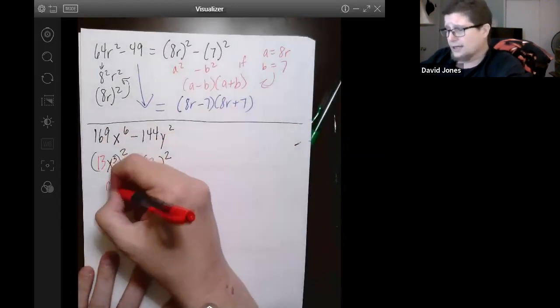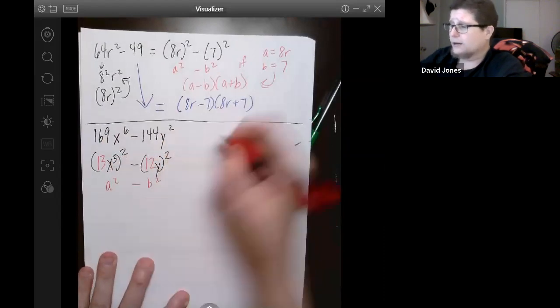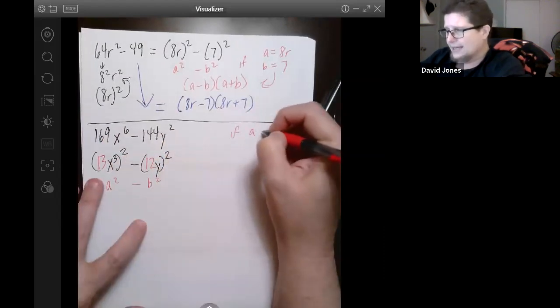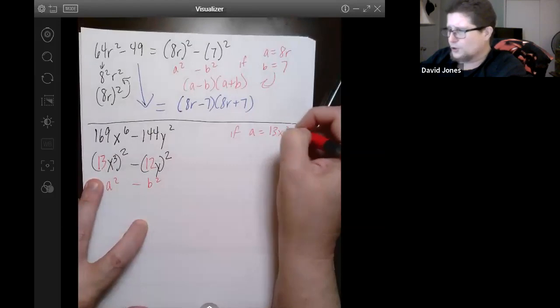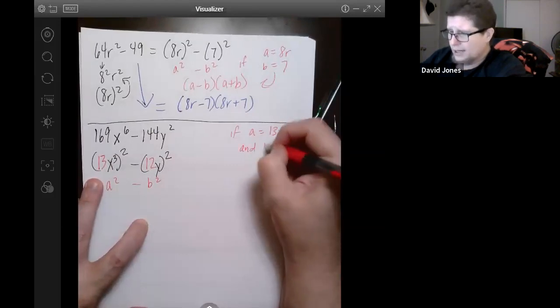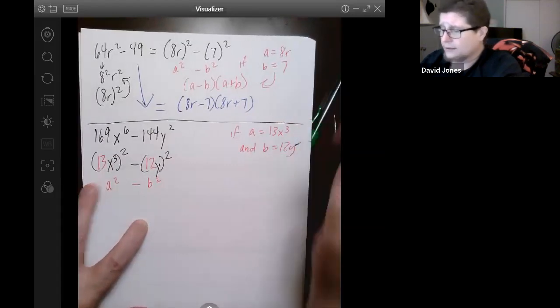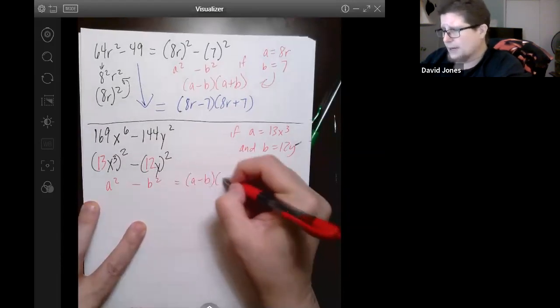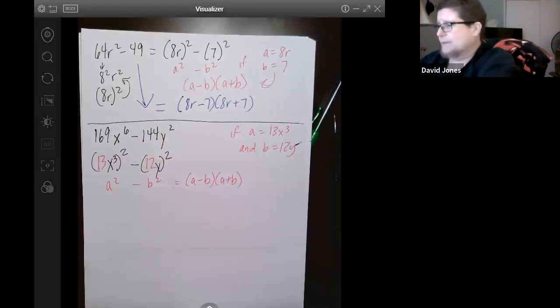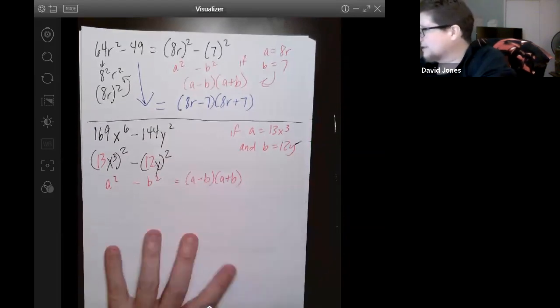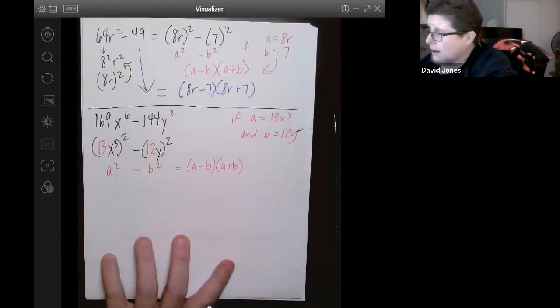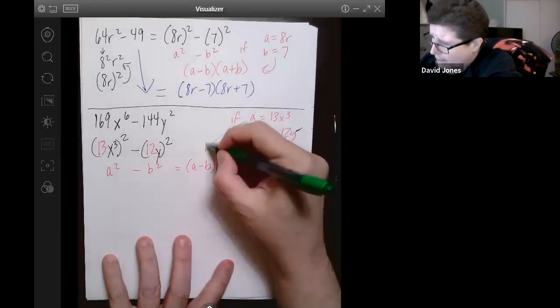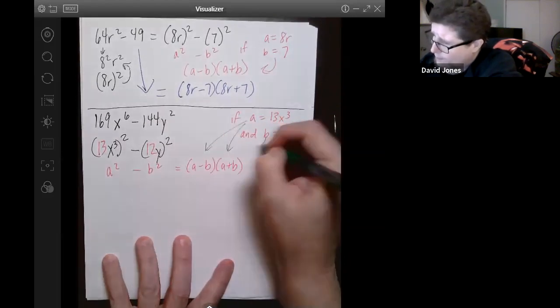This looks like a squared minus b squared if a equals 13x cubed and b equals 12y. So I want a minus b, a plus b. I keep writing down the formulas repeatedly, so hopefully it helps you. And now wherever I see an a, I'm going to plug it in, and wherever I see a b, I'm going to plug it in.